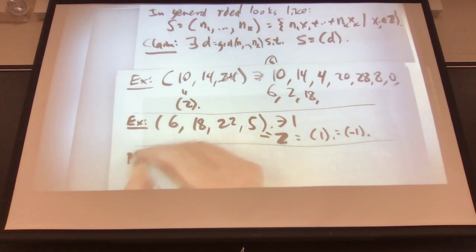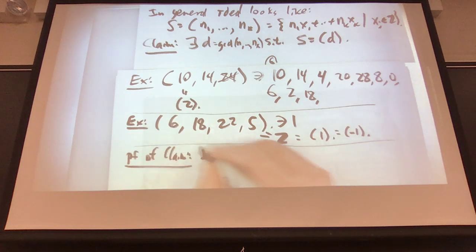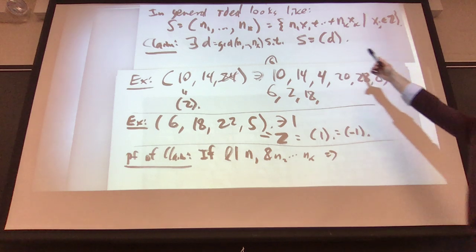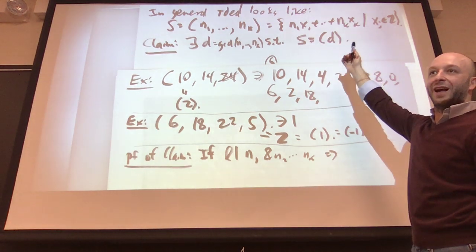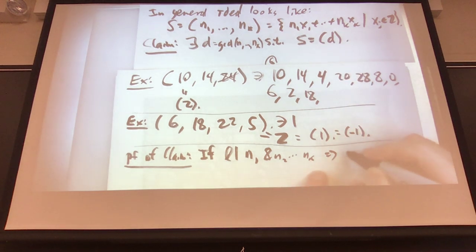So proof of claim: if L divides n1 and n2 and nk, then any combination of these has L as a multiple. Then for all z in S, L divides z.